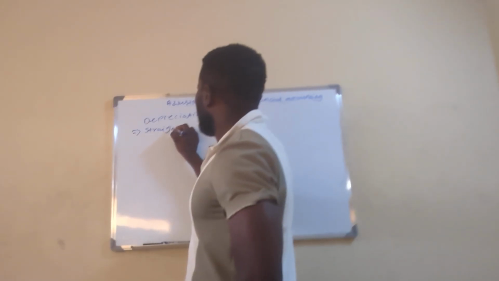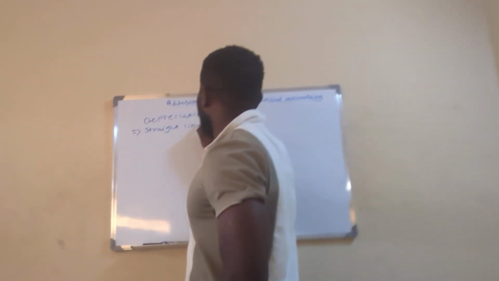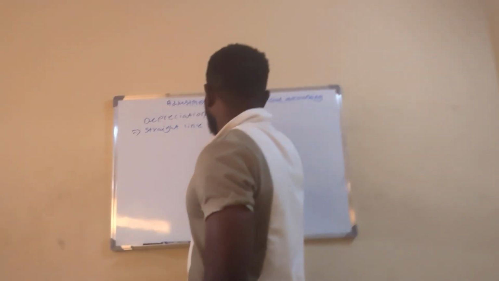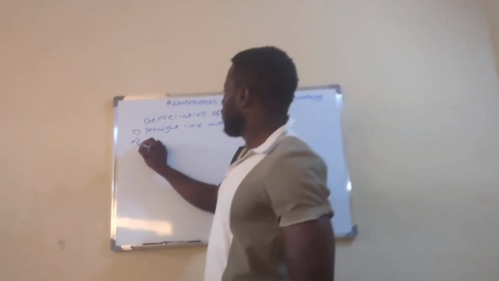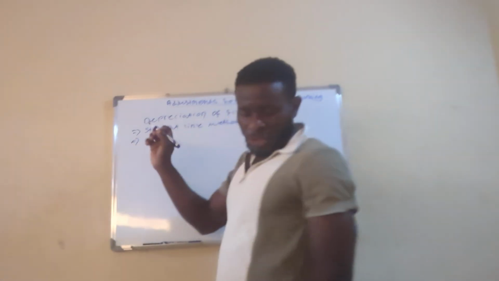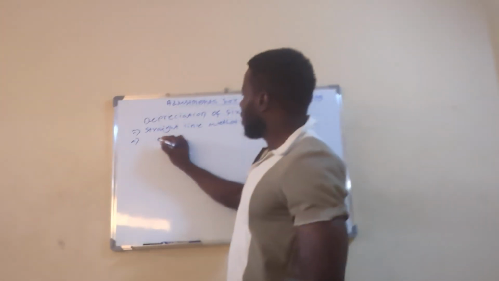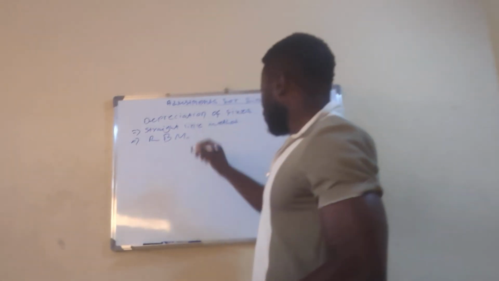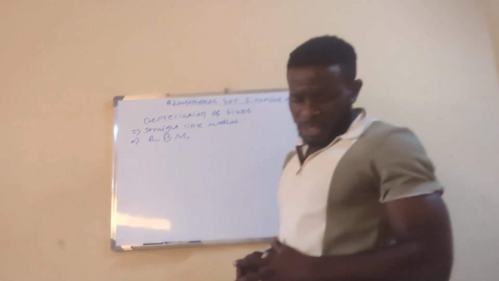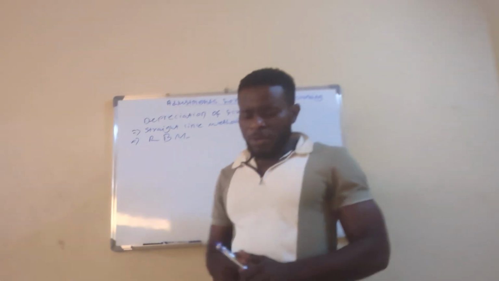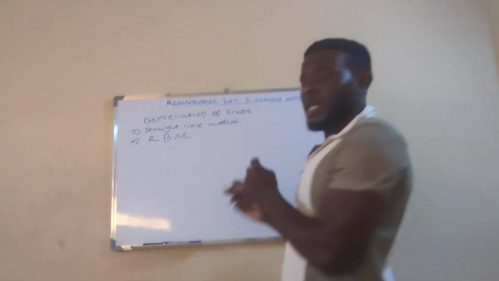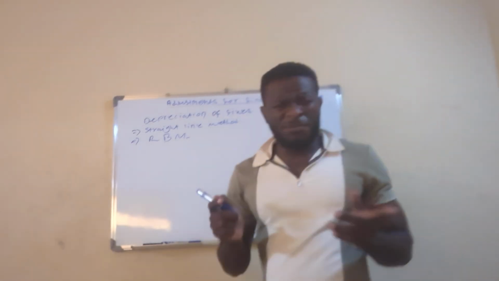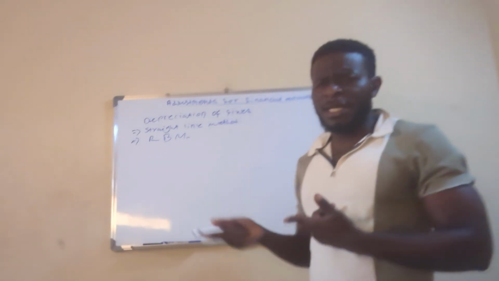straight line method. There's also what is known as the reducing balance method. So now, with this, you calculate the depreciation on cost. Remember the format that I gave for the balance sheet last time.